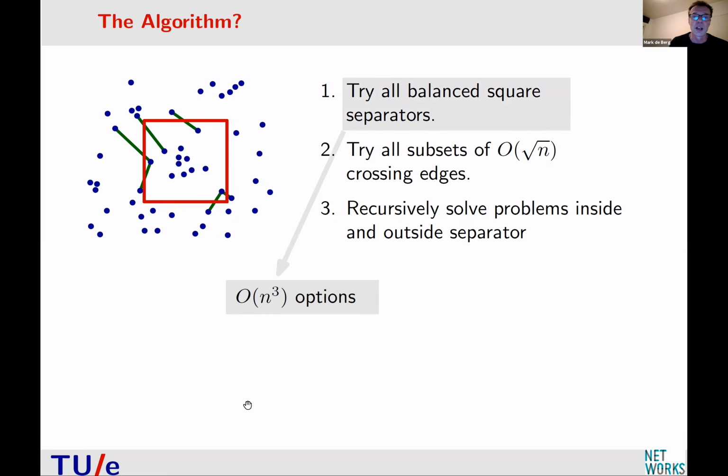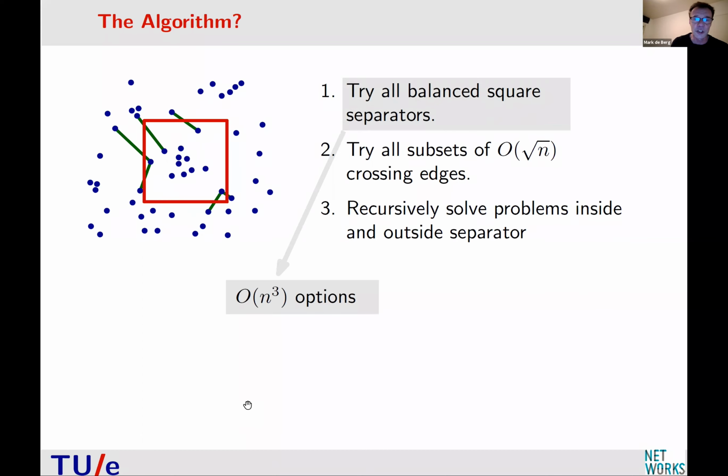Since I know that I can get my separator using a square, I simply try all possible squares, essentially. And of course, I only have to look at combinatorially different squares where the points inside and outside are different. So the number of such squares is n cubed.